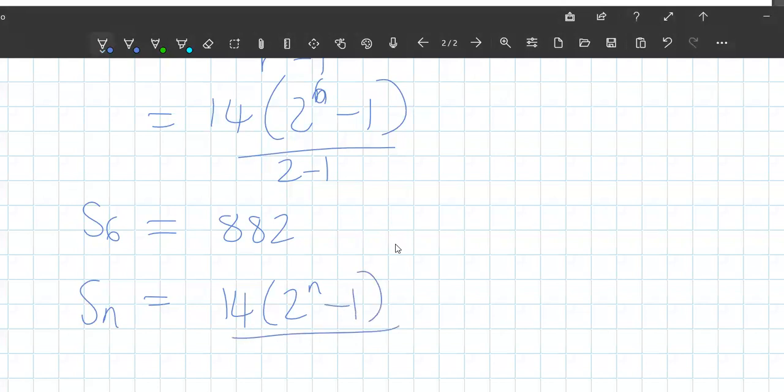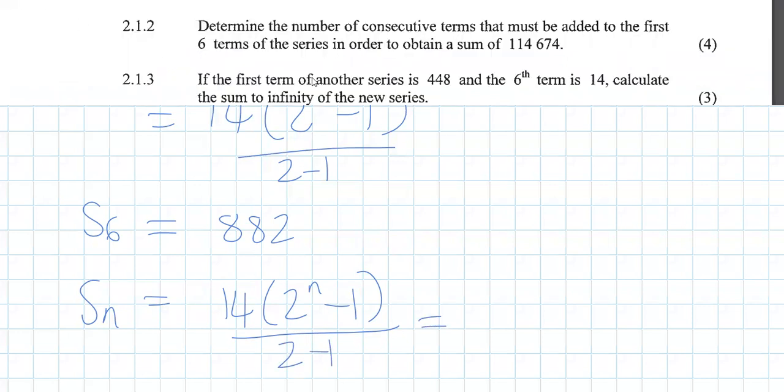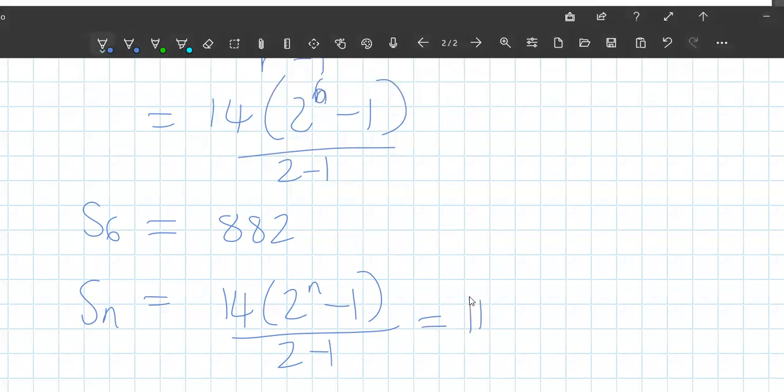This question is just asking what our final n will be, and we're going to sub in the final value that was given, which was 114,674.